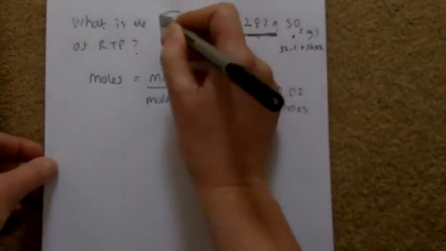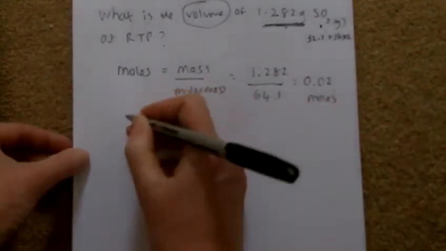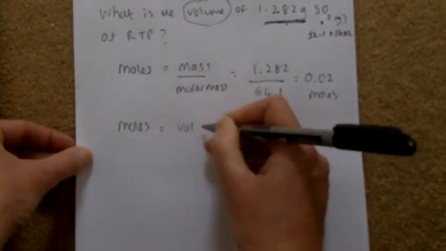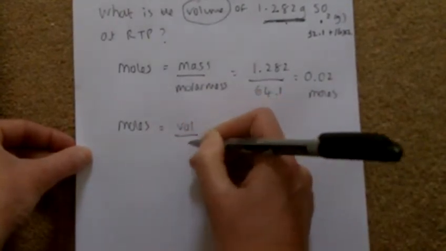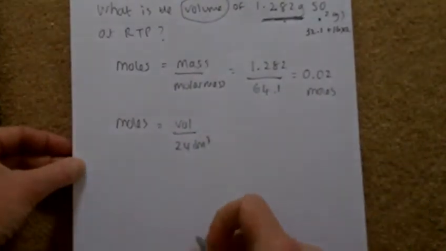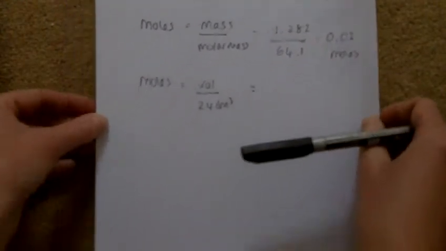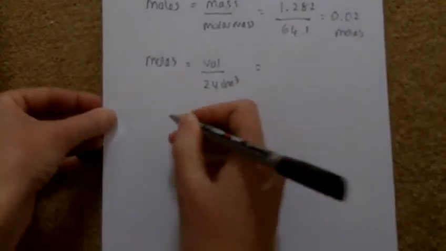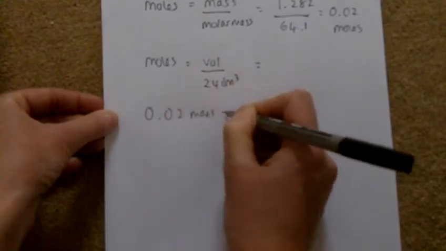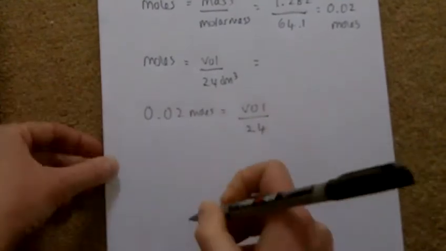Remember what we're trying to find? We're trying to find the volume of the gas. So we take the moles, and we use this equation now. Moles equals volume of a gas divided by, let's do 24 decimeter cubed, it doesn't matter which units you use. So 0.02 moles equals the volume of the gas, which is what we're trying to find, divided by 24.